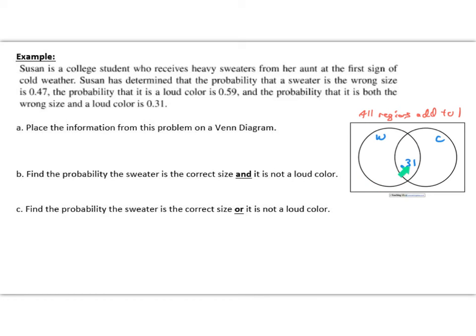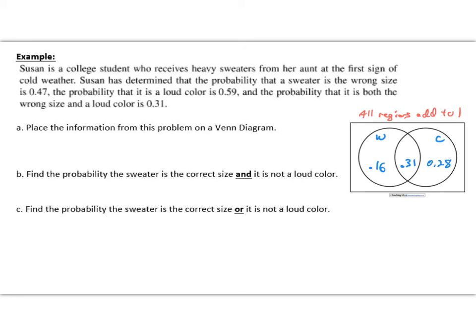If 0.31 of it is in the middle, then I have to do some subtraction, and I get 0.16 as the probability that it's a wrong size only. Now let's do the same thing for the loud color. If the probability that it's a loud color is 0.59 and 0.31 is taken up there, then it's 0.28.